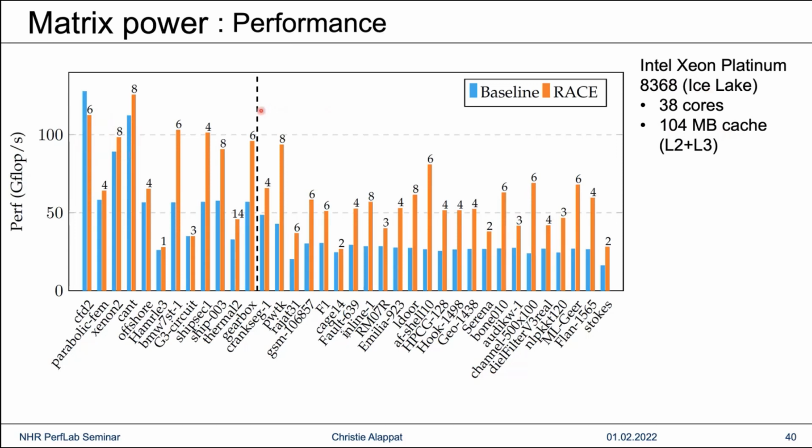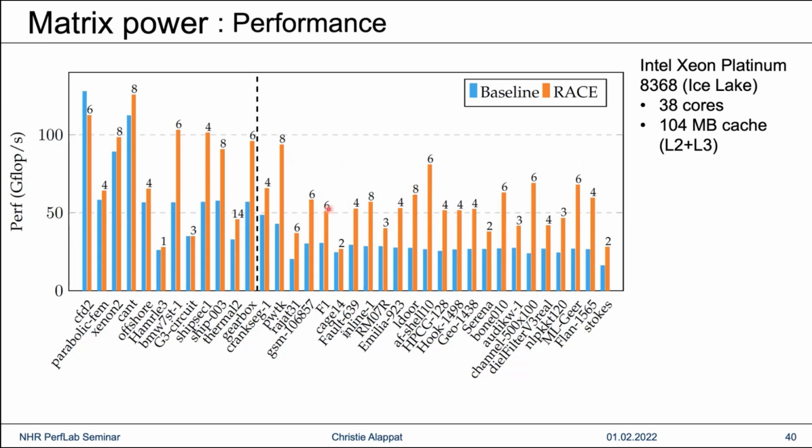However, for the matrices on the right, we see that we can have a huge performance benefit by using this approach of RACE. The numbers that we see on top of these orange bars, which represent the performance of RACE, are the optimal power values that have to be computed to reach this performance.